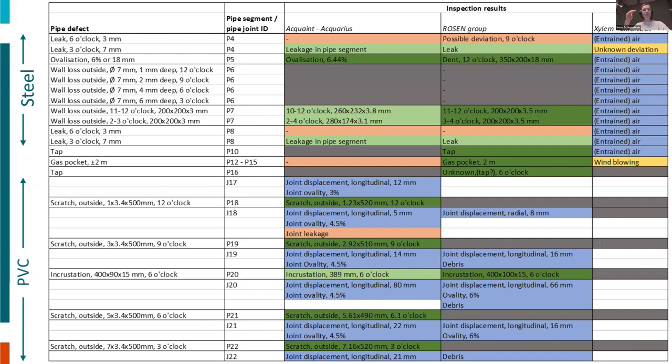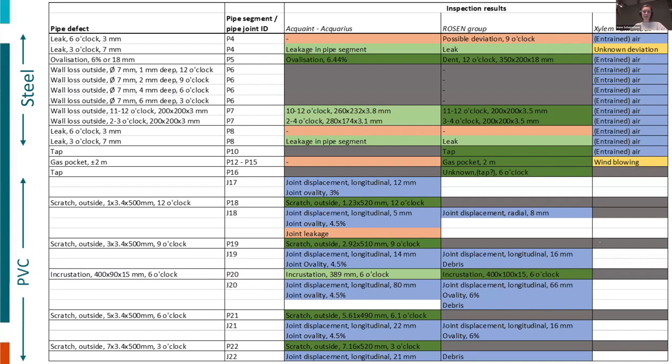So there was a constant refilling and emptying of the pipe, and because of the relatively low water flow velocity, it is possible that entrained air was present in these locations. We could not verify this afterwards, so therefore we call it blue.